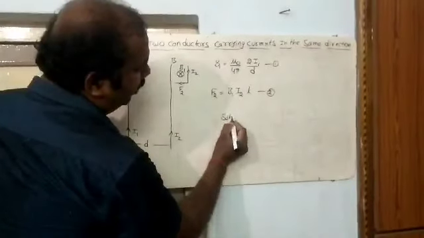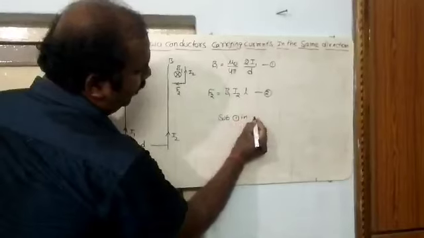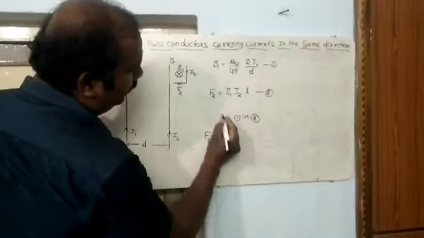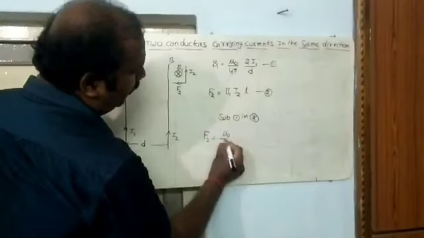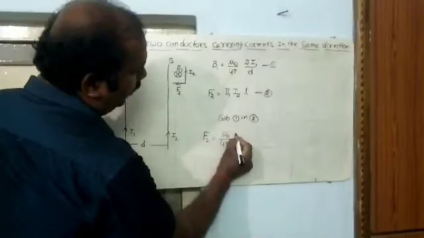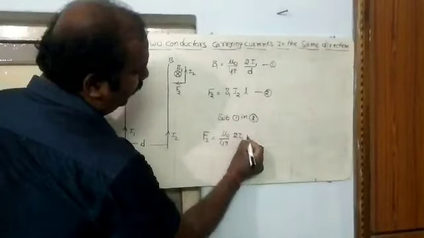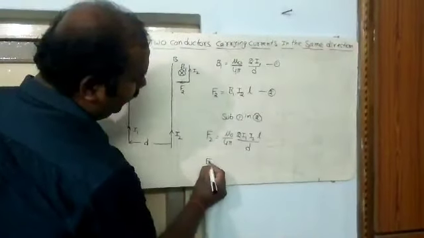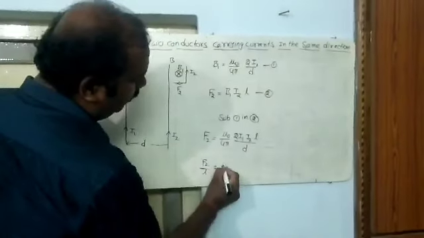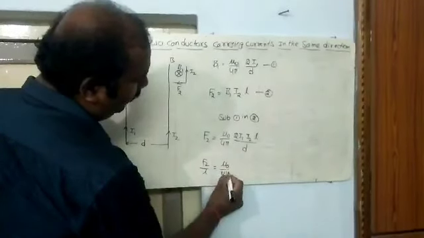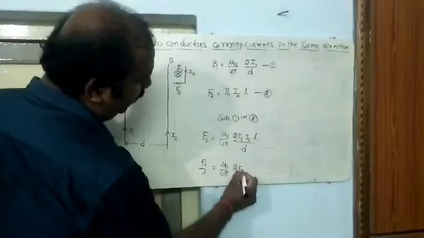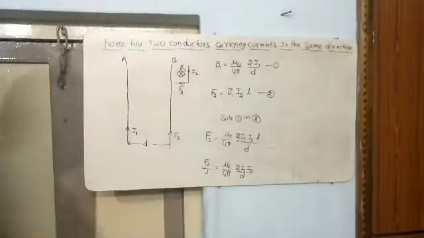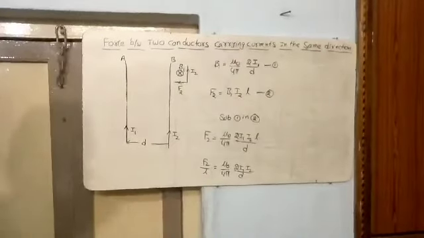Now substitute equation 1 in 2, that is F2 is equal to mu naught by 4 pi into 2 I1 I2 L by D, and finally F2 by L is equal to mu naught by 4 pi into 2 I1 I2 by D.